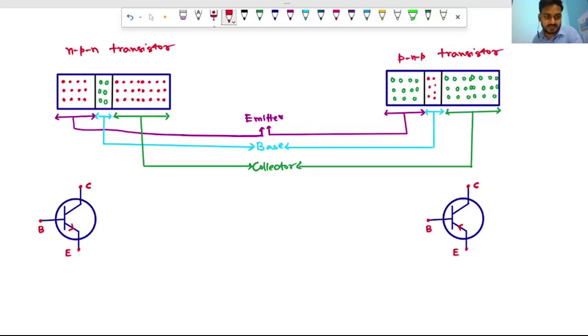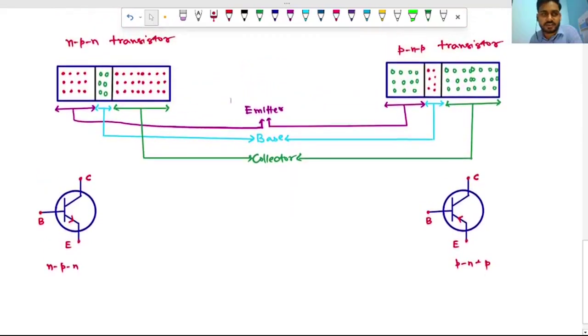Okay, so let me write it again here. This is for NPN and this is for the PNP transistor. That's how we draw a transistor in the copy book.